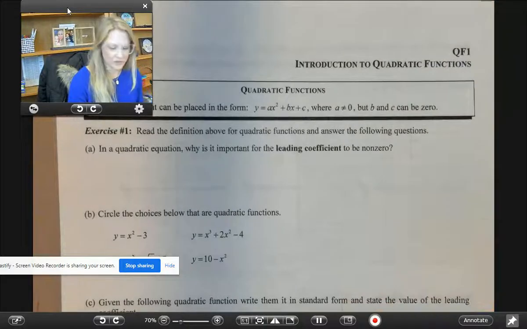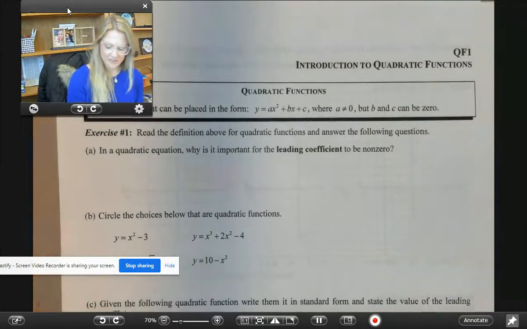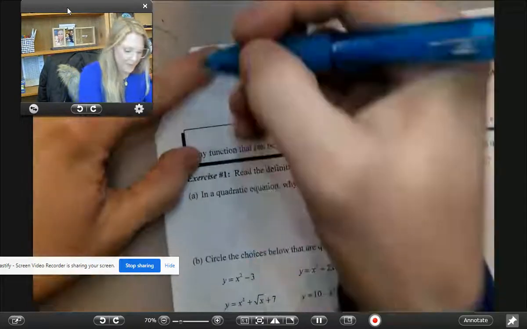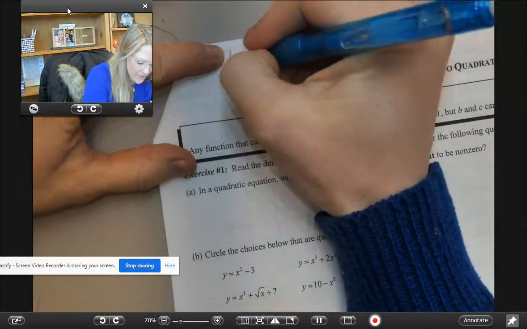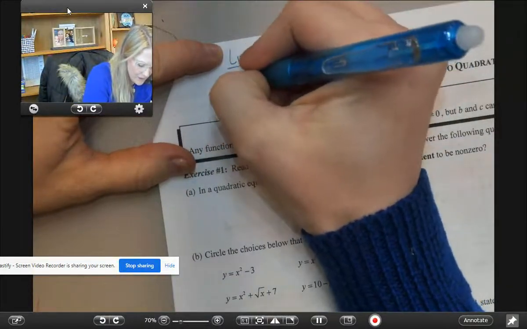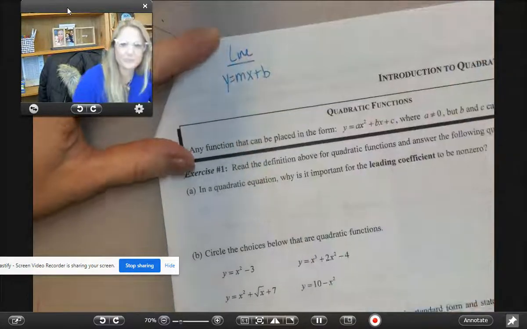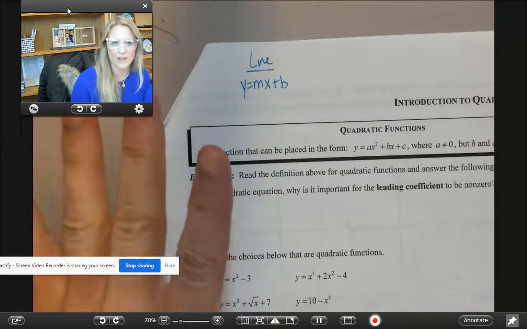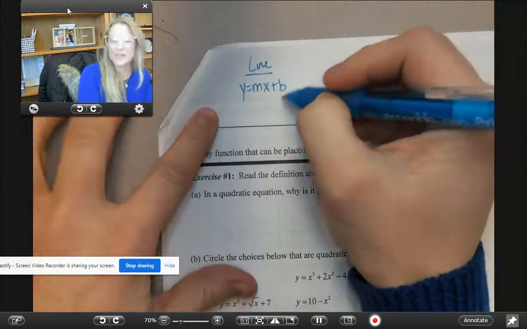Okay, so introduction to quadratic functions. Do you remember how we wanted you to memorize the equation for a line? The equation of a line is y equals mx plus b, right? We have just an x with no exponents, nothing too crazy, and something keeps getting added.